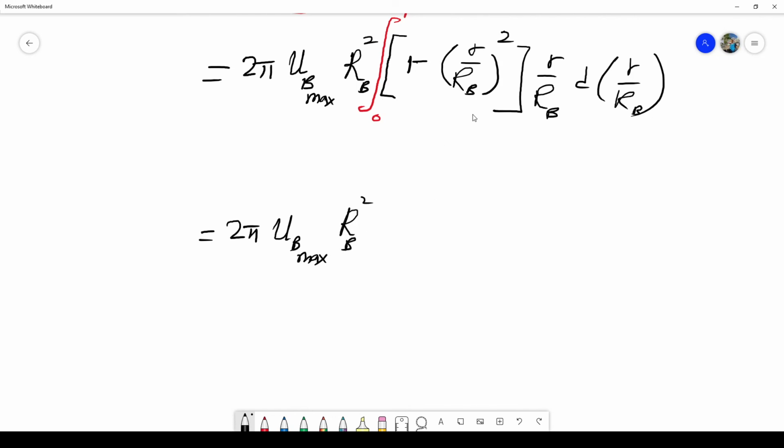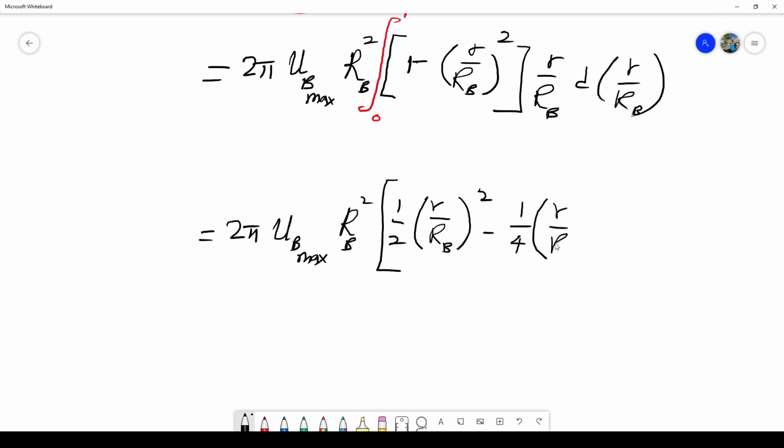After we integrate this from 0 to 1, you should get half of R over RB square minus a quarter of R over RB to the power of 4, and we solve this from 0 to 1.